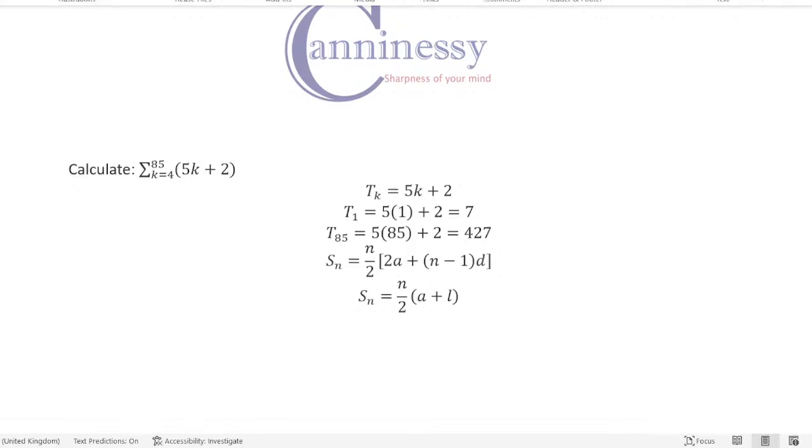So now let's substitute the value of n. In this case, the value of n is 85. So we can just say k.